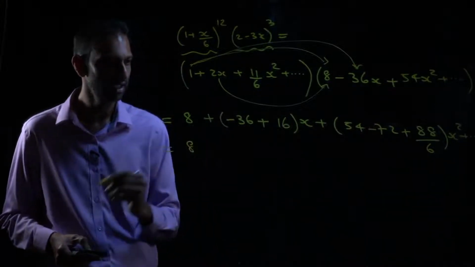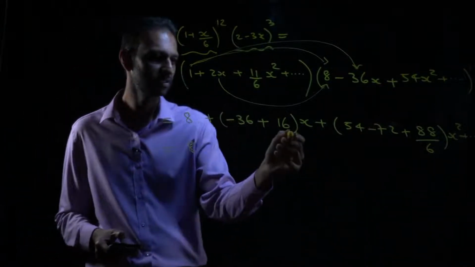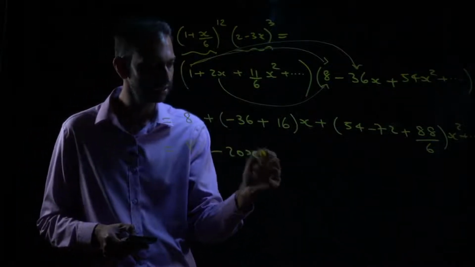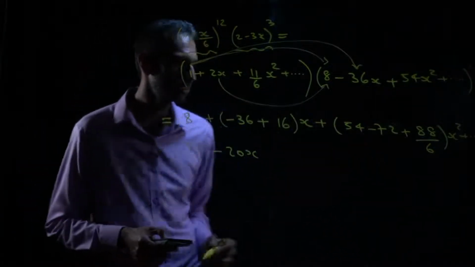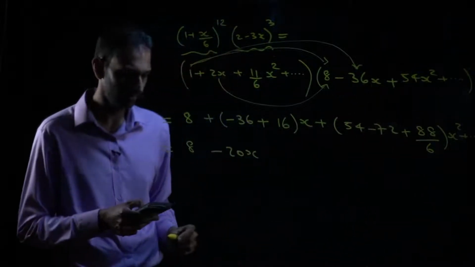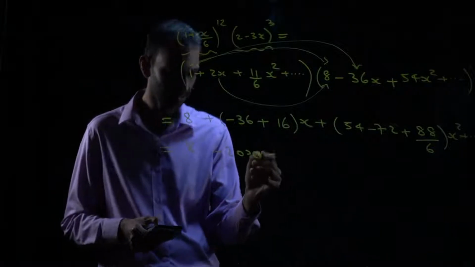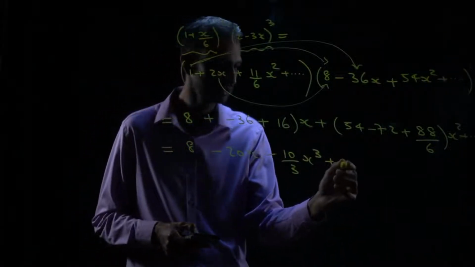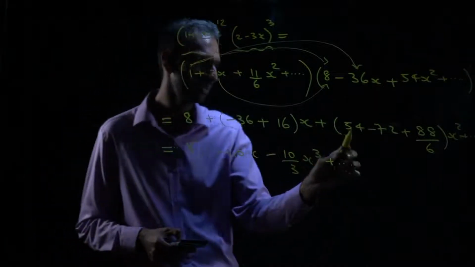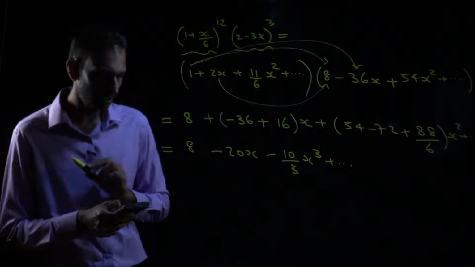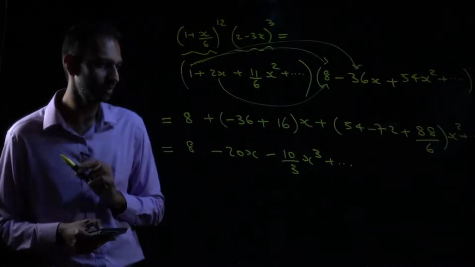Let's simplify. 8 minus 36 plus 16x is basically minus 20x. 54 minus 72 plus 88 over 6. So if you simplify that, you will get minus 10 over 3 x squared plus dot dot dot. So I repeat, 54 minus 72 plus 88 over 6 would generate minus 10 over 3 x squared.